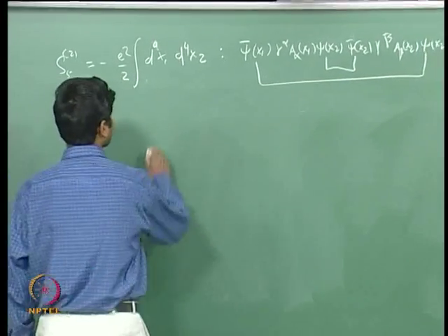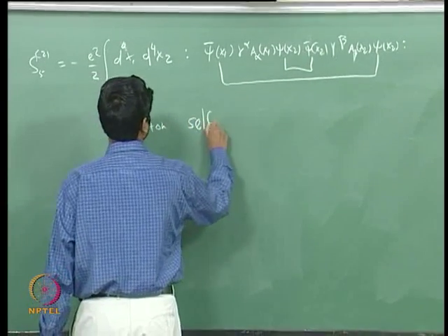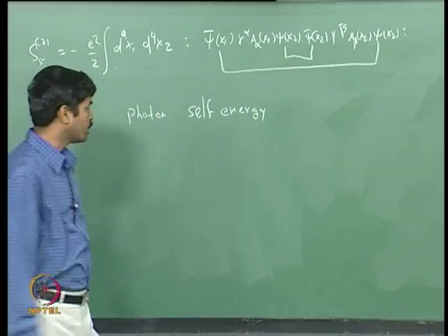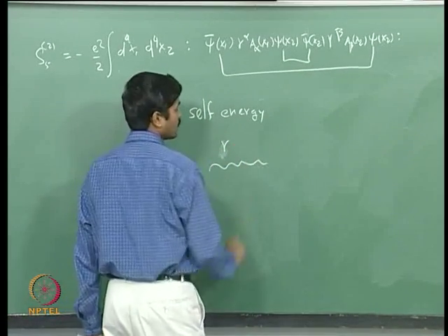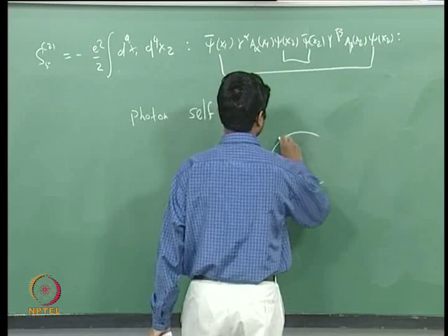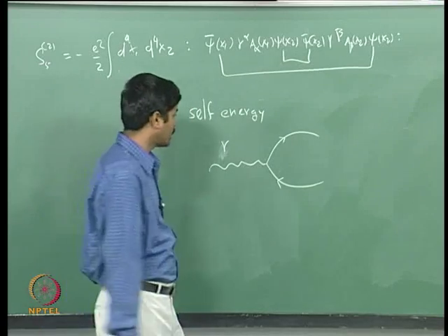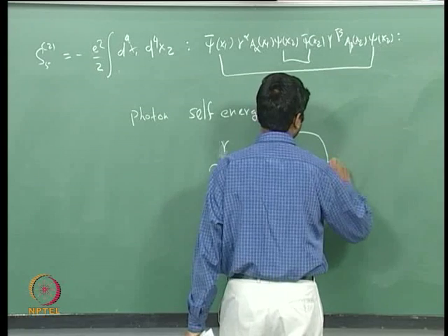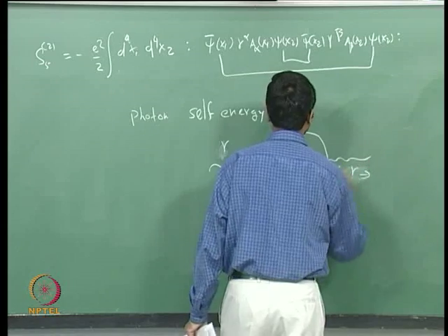So this term represents the photon self energy, and the corresponding Feynman diagram which I can represent is: there is an incoming photon, and what can happen is that it can emit a virtual pair of electron and positron, okay, which subsequently can annihilate each other and produce an outgoing photon.